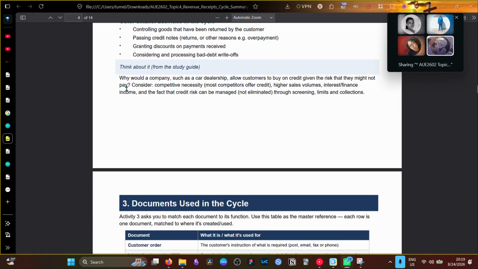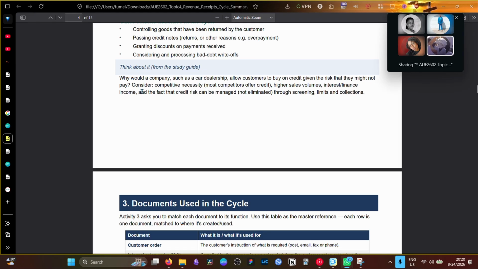Something to think about. Why would a company such as a car dealership allow customers to buy on credit, given the risk that they might not pay? That was actually an example that I gave as well about buying a car, right?